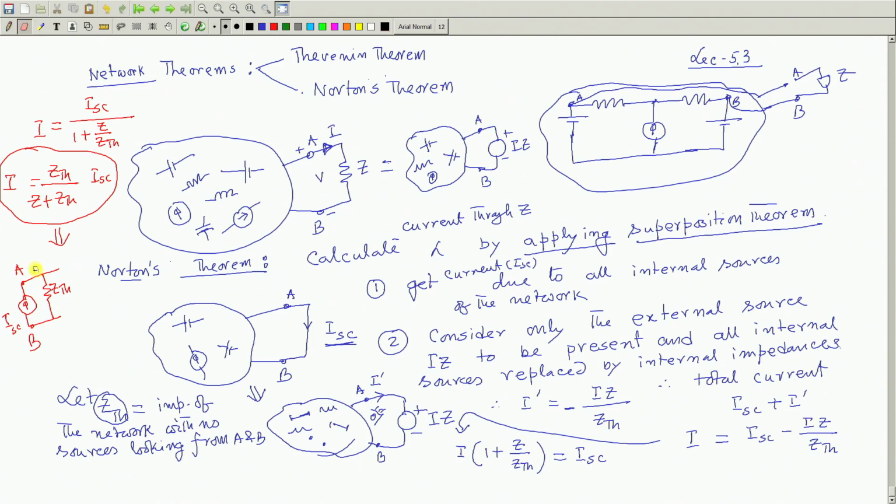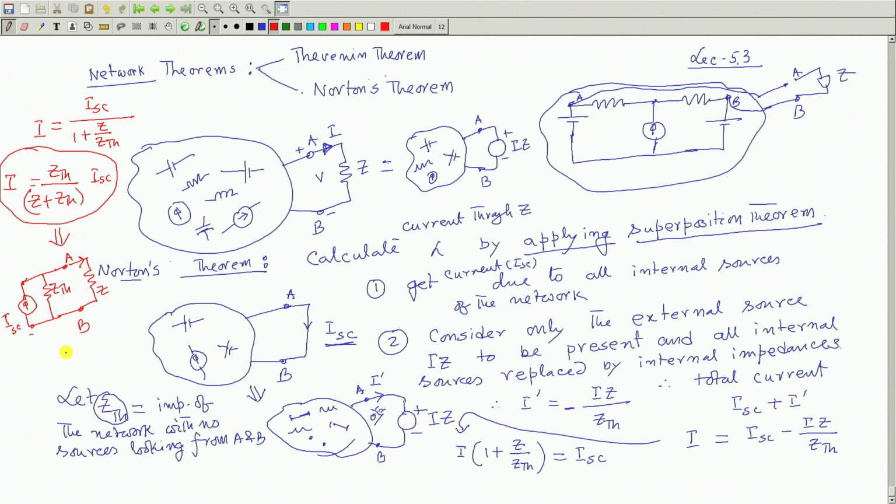Let me write A and B here, and here is your Z. This equation fits into it. So, what is the current here? It will be this total current into the other impedance divided by the sum of the impedances.